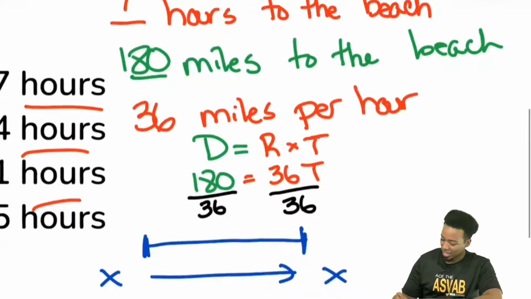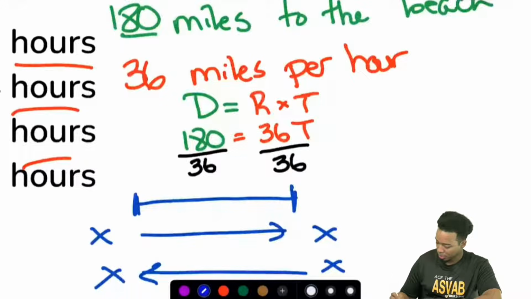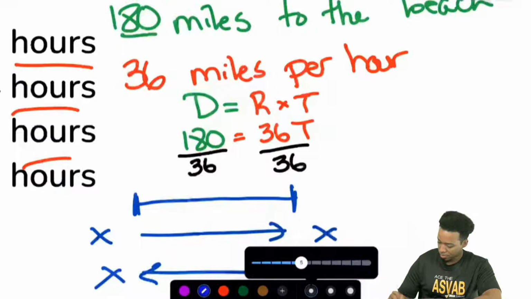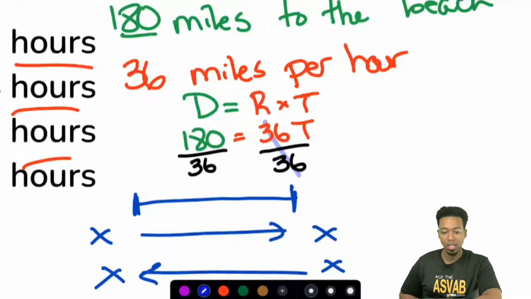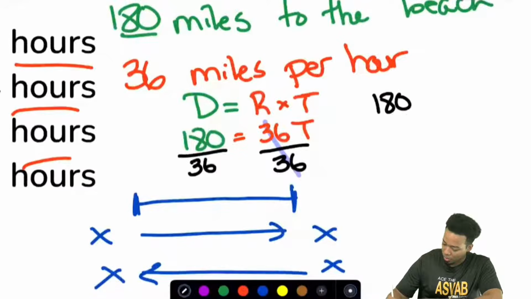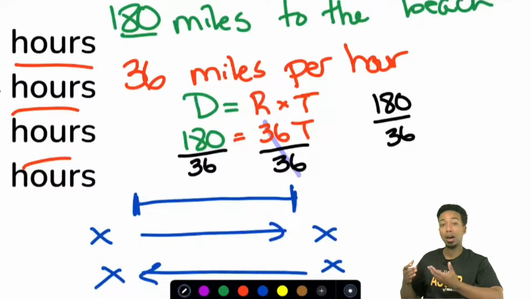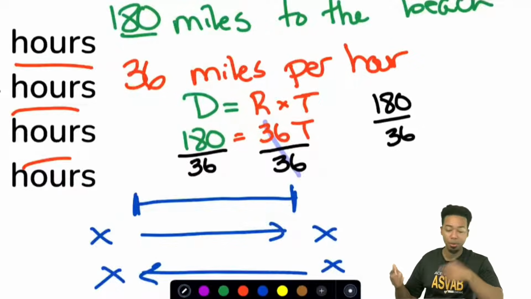We'll go ahead and cancel out on the right side. And I'll actually use a highlighter for that to make it a little easier to see. And they cancel out right there. And so we really just need to figure out what 180 divided by 36 is. Using some mental math, we can actually divide by 6 first on top and bottom.